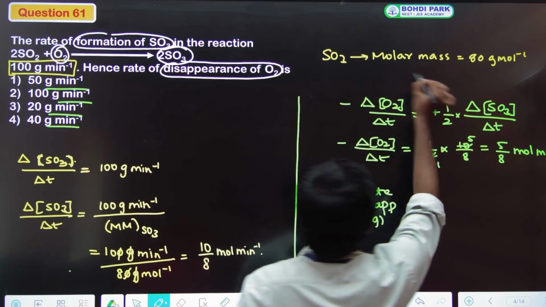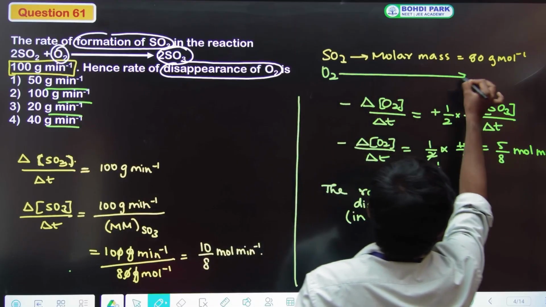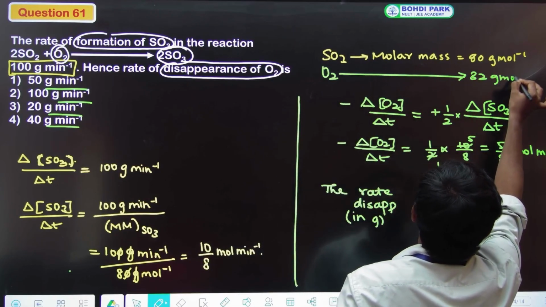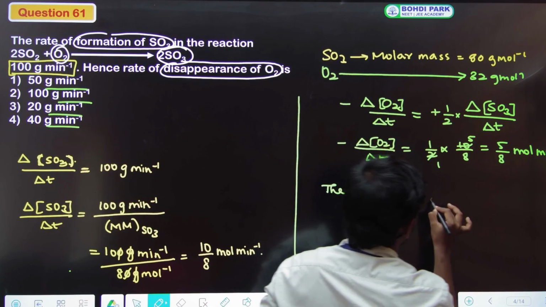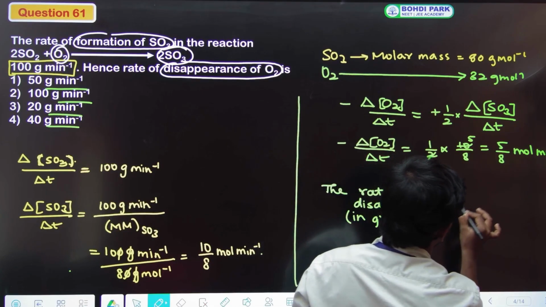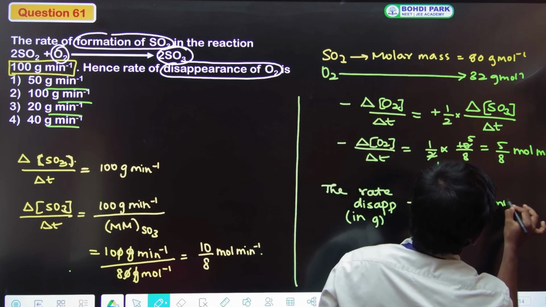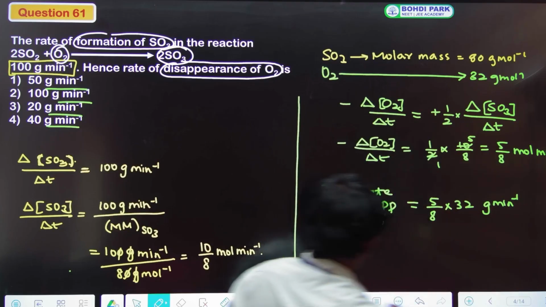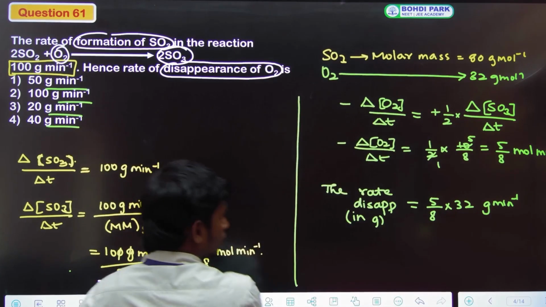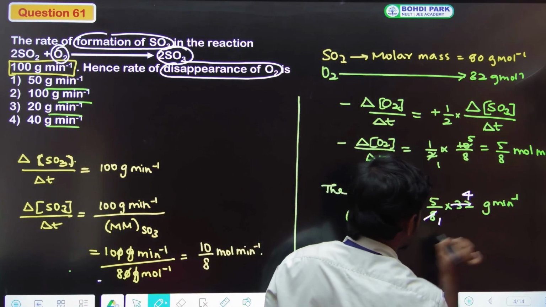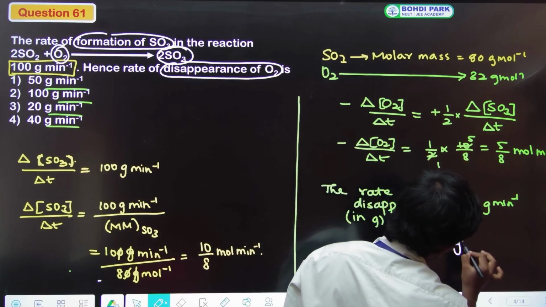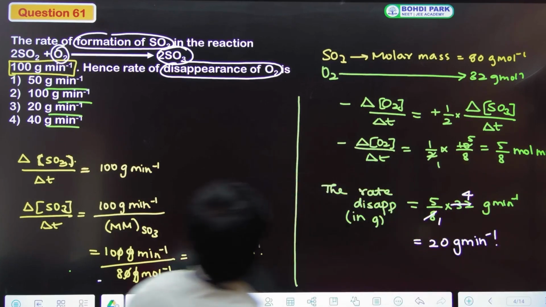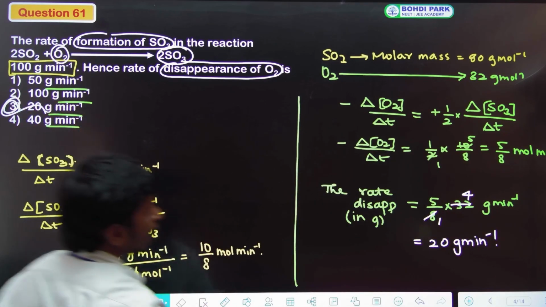Molecular mass of oxygen is 32 gram per mole. So we write 5 into 8 divided by 32 gram per minute. Cancelling: 1 8 is 8, 4 8s are 32, 5 4s are 20. 20 gram per minute is the correct answer. Option 3 is our correct answer for the question.